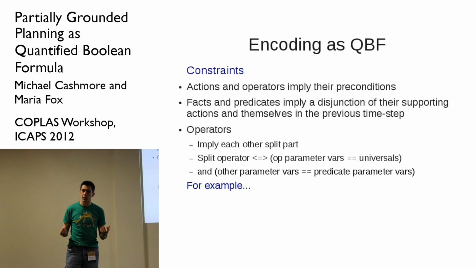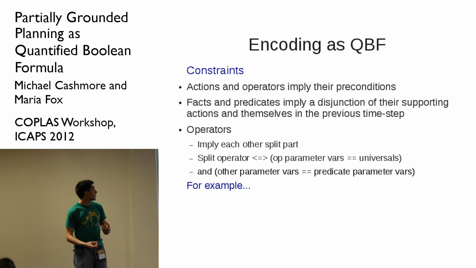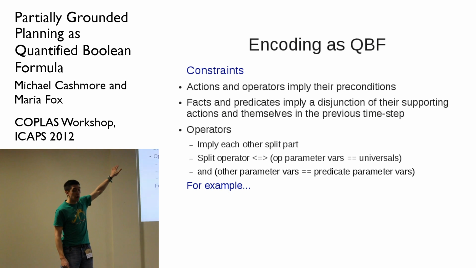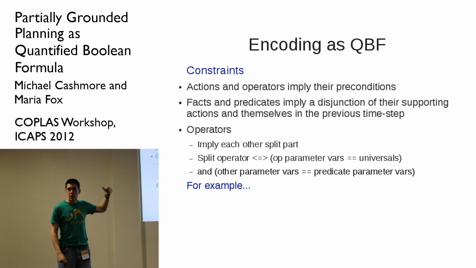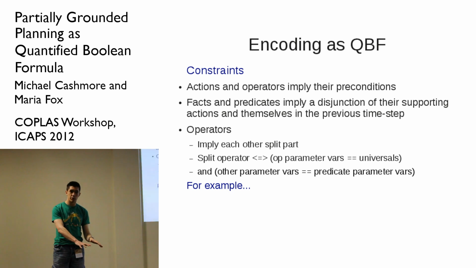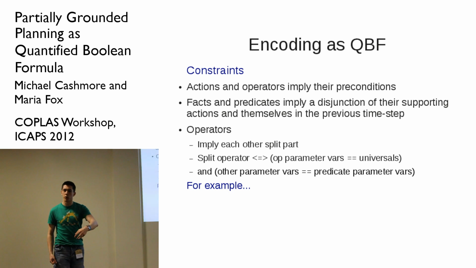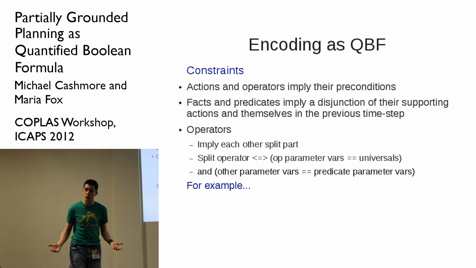So for example, if we are unstacking block 1 from block 2, and we decided that the parameter variables for unstack should be the branch corresponding to block 1 and block 2, then the predicate parameter variables for the on predicate must be block 2. As in, you can't unstack block 1 from block 2 if block 1 isn't actually on block 2.